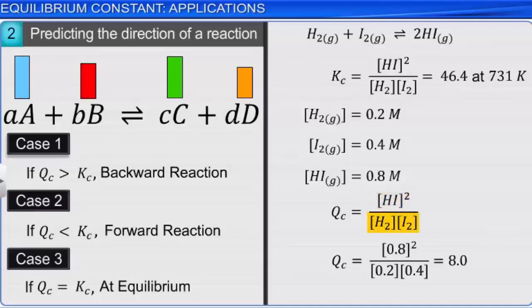This is equal to 0.8 squared divided by 0.2 times 0.4. The value of the reaction quotient comes out to be 8.0. As the value of the reaction quotient is smaller than the equilibrium constant, the reaction proceeds in the forward direction. It means that more of gaseous hydrogen and iodine react to form the product hydrogen iodide.